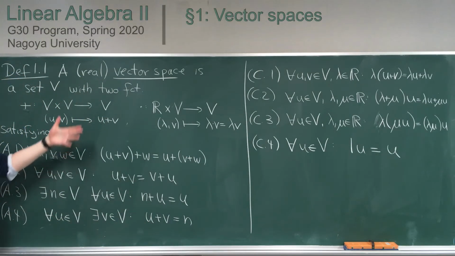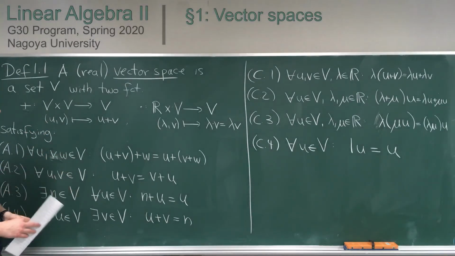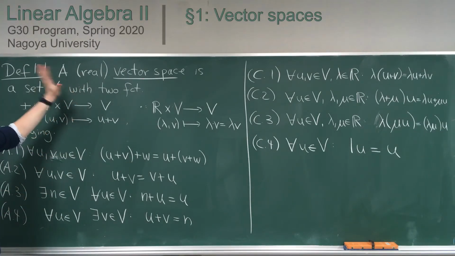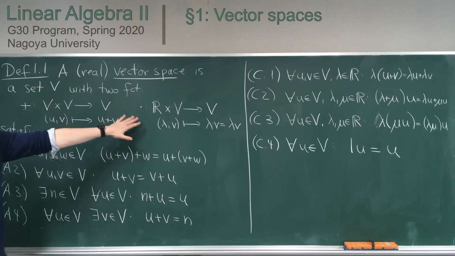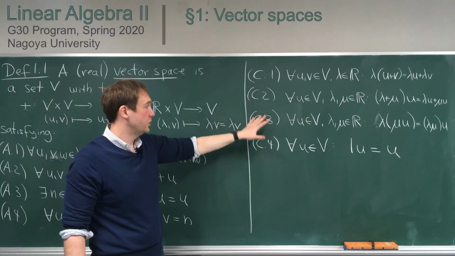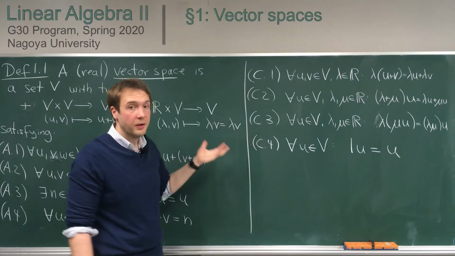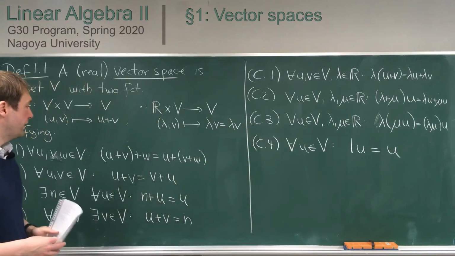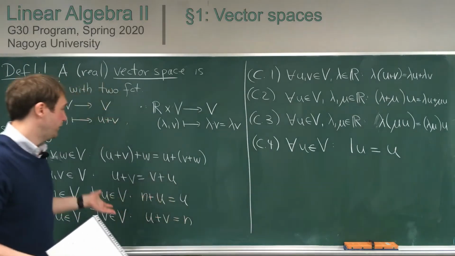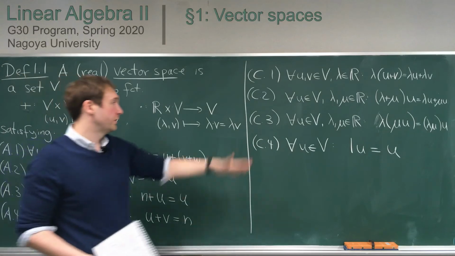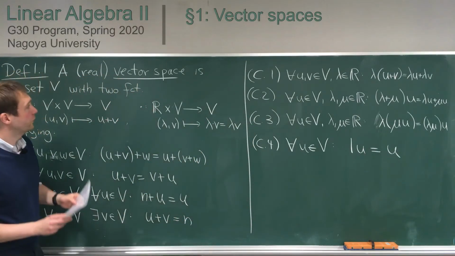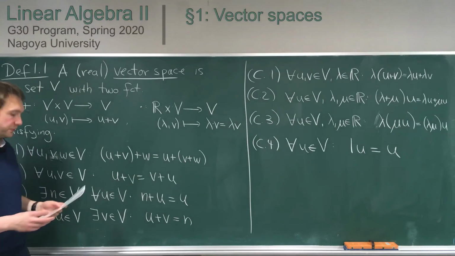But what we want to do is generalize this idea of Rn, and therefore we define a vector space to be a set with these addition and scalar multiplication, such that we have all these rules which we already know from Rn. And then everything we showed for Rn and for usual vectors, if you look at the proofs, we always just use these properties, and therefore they will also be true for vector spaces in general.